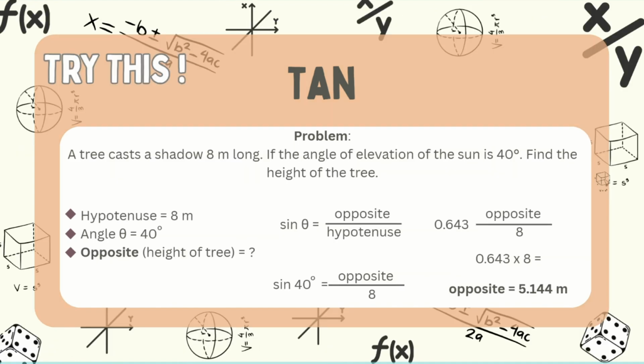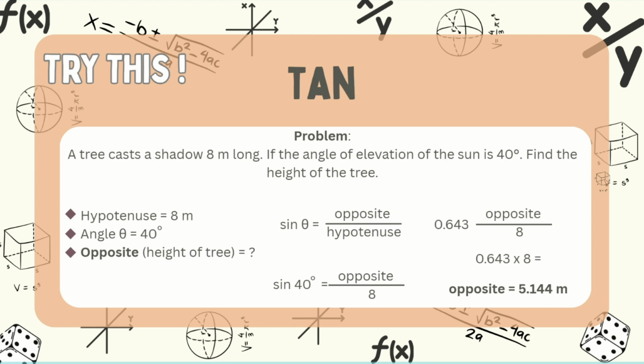Second problem. A tree casts a shadow 8 meters long. If the angle of elevation of the sun is 40 degrees, find the height of the tree. So what we were given was the hypotenuse of 8 meters and the angle of 40 degrees. So since we are looking for the height of the tree, we will now follow what is given.